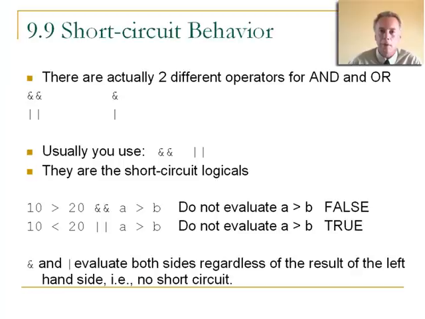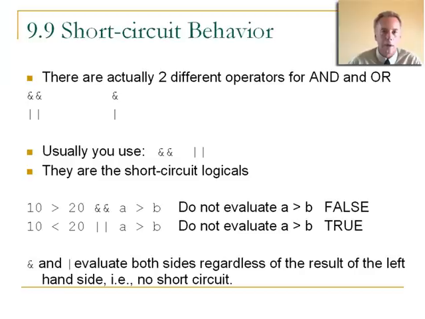Short circuit behavior means we don't evaluate the right-hand side if we don't have to. When you have a false on the left-hand side of an and, you can short circuit and you save some time. So we have an efficiency issue here. You don't have to evaluate the right-hand side to know that this whole expression will be false.